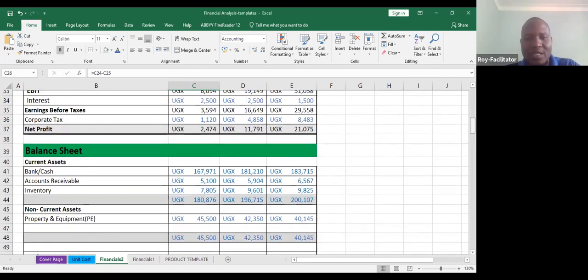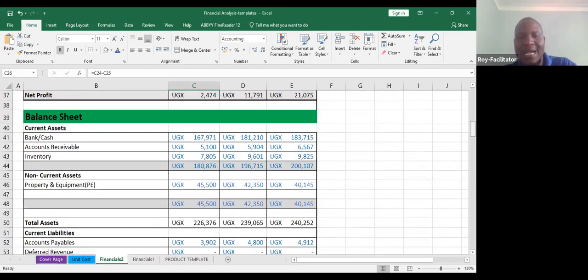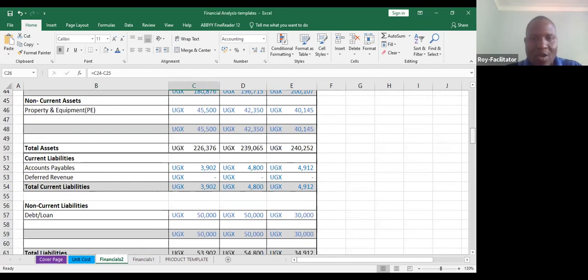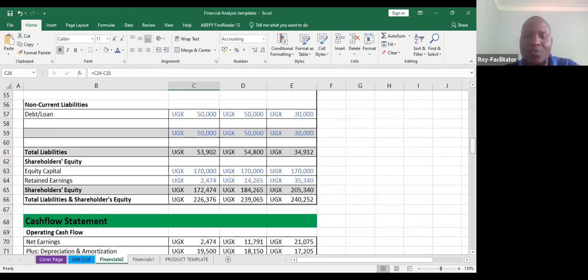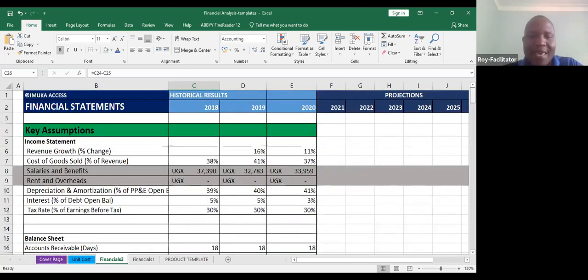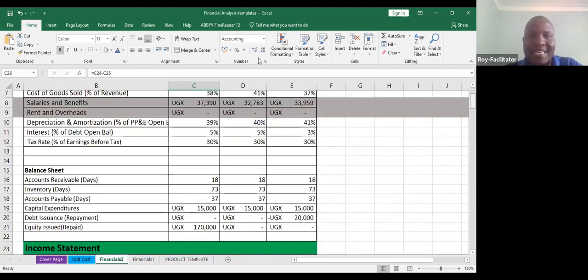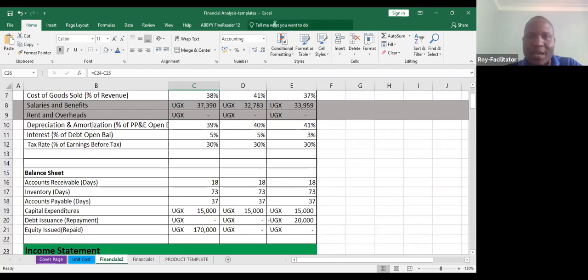So I'm not really going to delve so much because these are based on what exists. Okay, but remember, once you feed this information up here, it is going to help us generate key assumptions. Okay, and these assumptions are what we need when we are forecasting. Okay, so because of your past, we can now project the future.